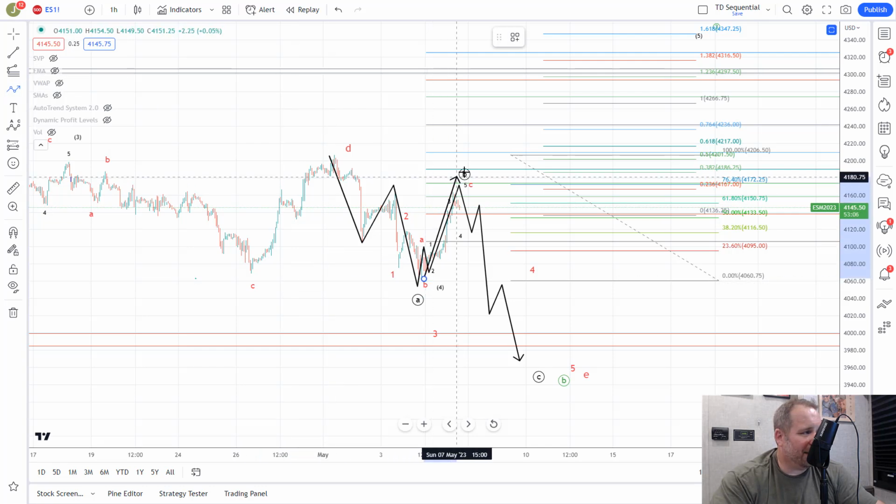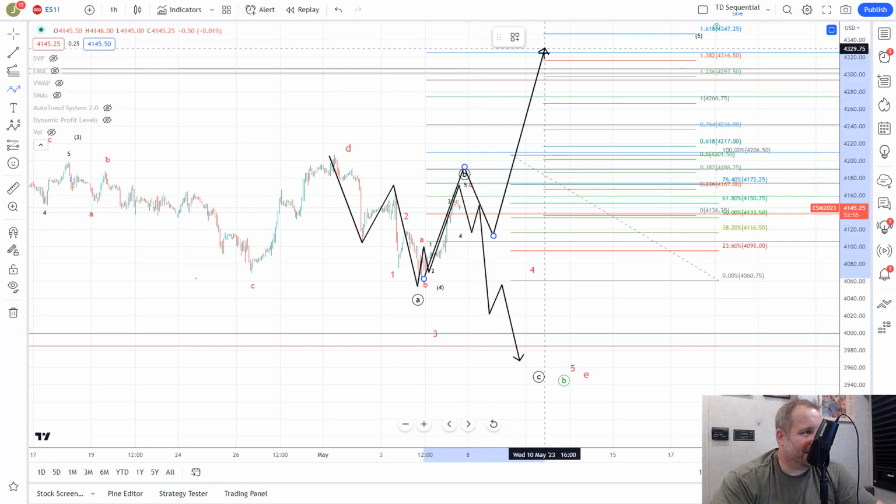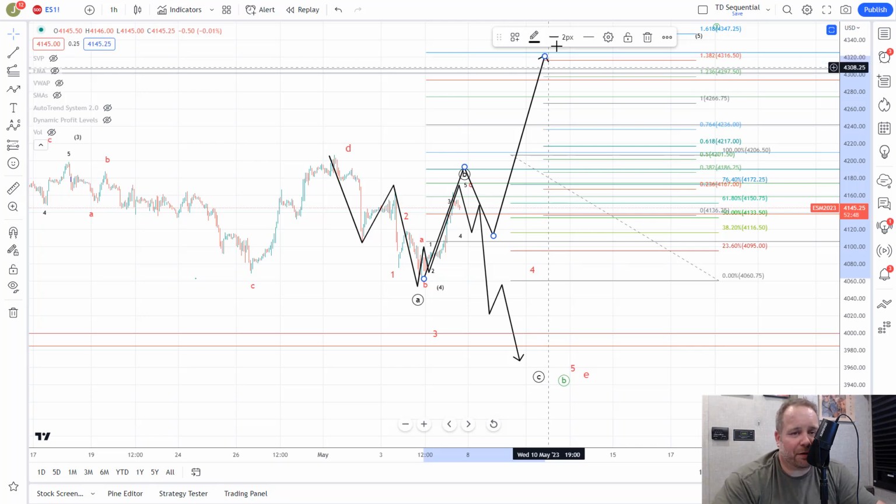So where we're at now, we would keep climbing to take out this high, this B wave high at around 4172. If they take that out, that is a warning to the bears. And we would then look for a pullback in B and then a C wave up toward the 4316 area to complete the overall move higher toward 4300 that we've been talking about for a while.